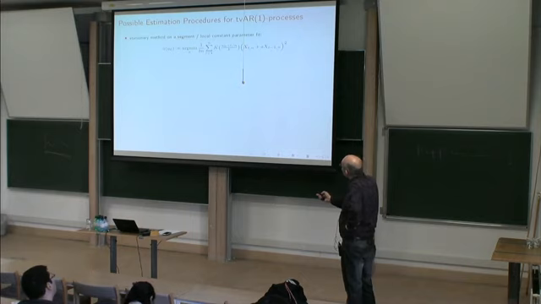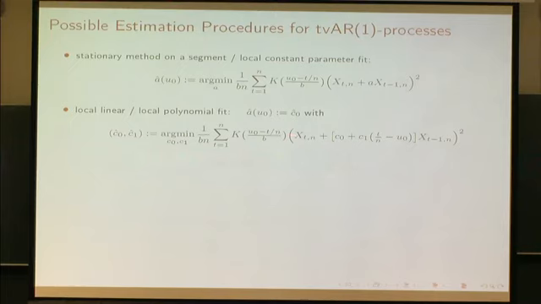Now, basically, we can do a little bit better and apply a local polynomial fit on the segment. So you have your segment. Let's do it a little bit larger. You have your kernel, and then you want to estimate some parameters, say here, and instead of doing a local constant fit, you could do a local linear fit, or even fit a local polynomial to the curve.